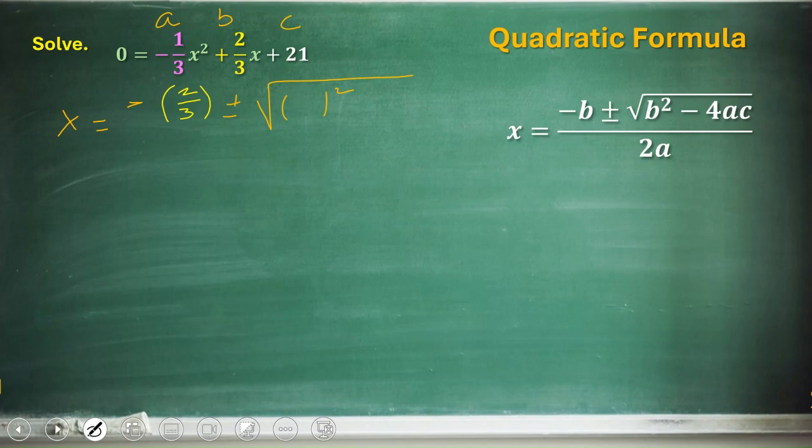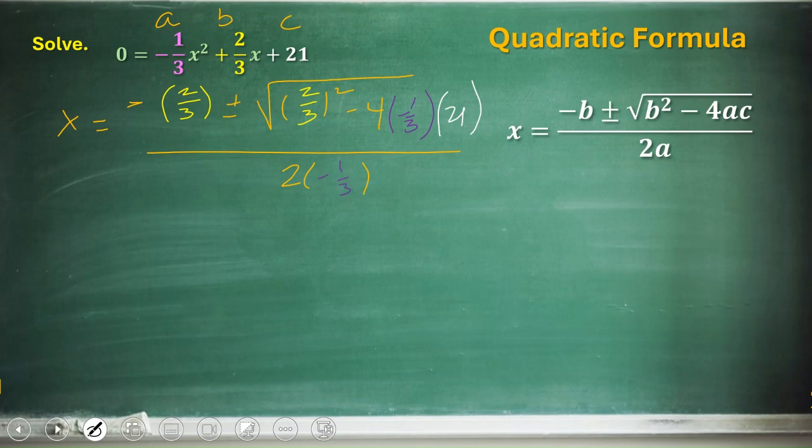And again, in here goes our 2/3 because we're using the b term, minus 4 times a, which is negative 1/3, and c, which is positive 21, all divided by 2 times a, which was negative 1/3.